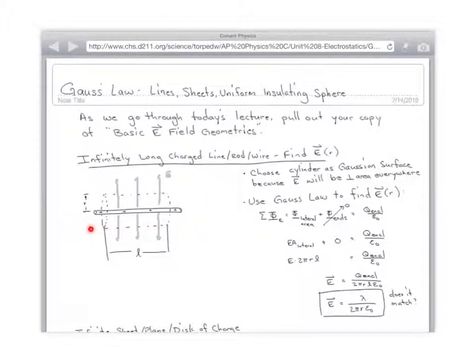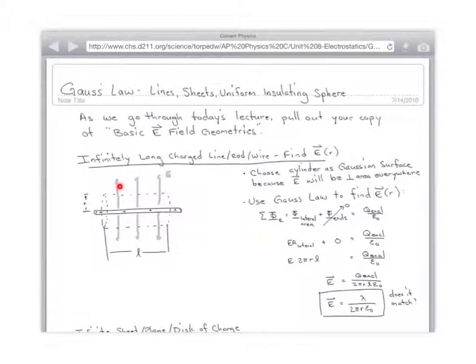Now we're going to draw that cylinder a certain radius away from the center, and we're going to use Gauss's law to determine the electric field strength at that particular radius away from the center. Does this make sense so far? So we're trying to figure out the electric field strength, but we're going to use Gauss's law to do it.